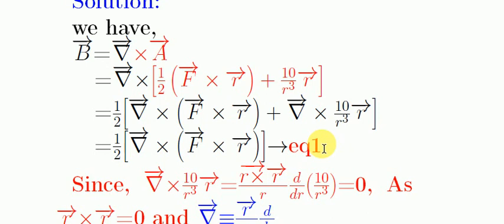In the next step we can write half times, because half is a constant, outside of the bracket, and we can write del cross f cross r plus del cross 10 by r cubed r vector.